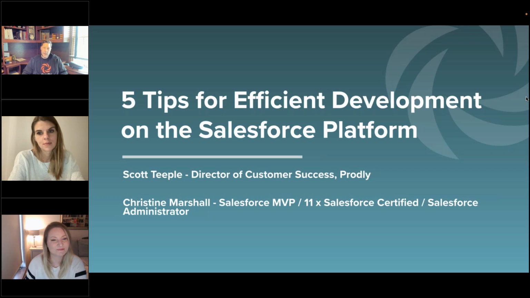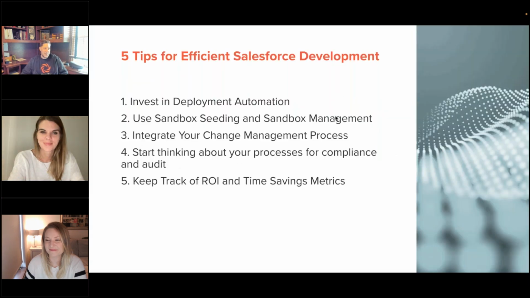So, all right, well, this is really great discussion, and just to wrap up what I've heard around the five tips, which is what we were getting to within the overall session: invest in deployment automation. I think what we just talked about is getting efficiencies, not just in getting through all the service requests you have faster, or making your development team more efficient.